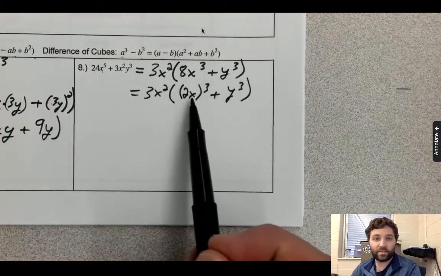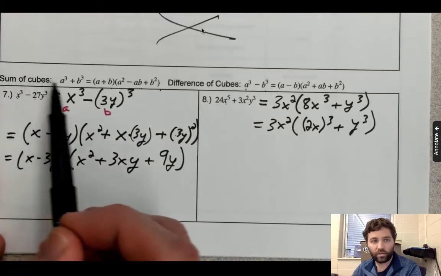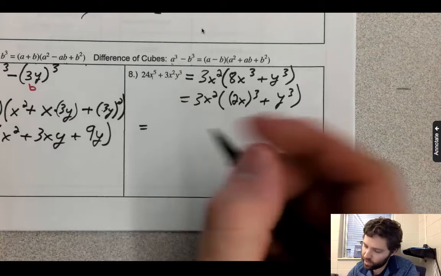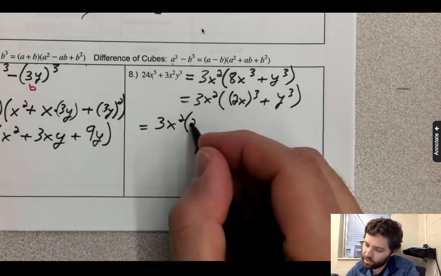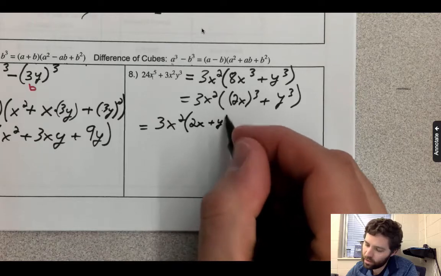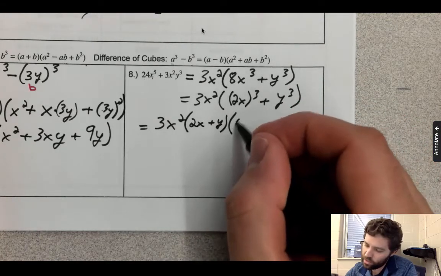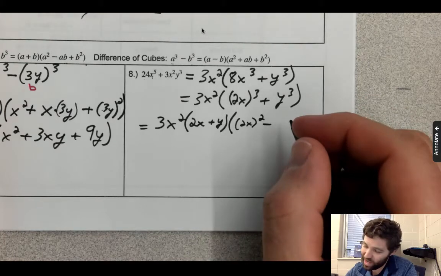All right, so my a is going to be 2x and my b will be y, following this formula over here, the sum of cubes formula. Okay, so this will leave me with 3x squared. A plus b, that will be 2x plus y. A squared minus ab, so a squared would be 2x squared minus ab, so that would be minus 2xy.